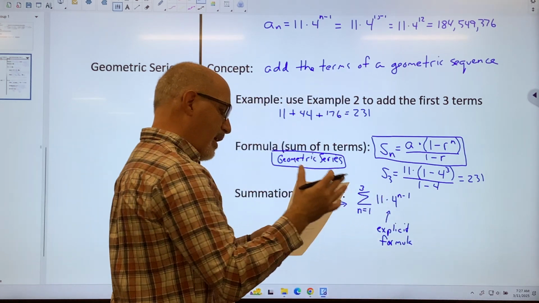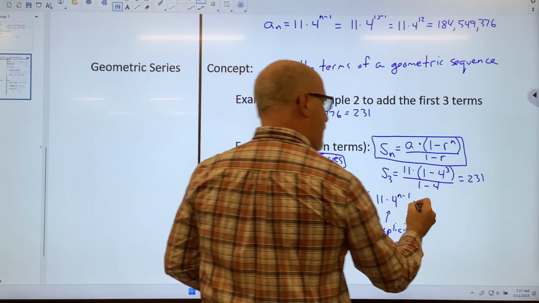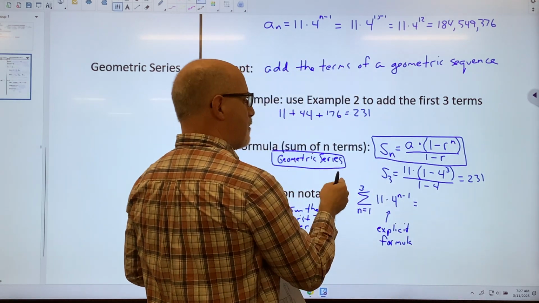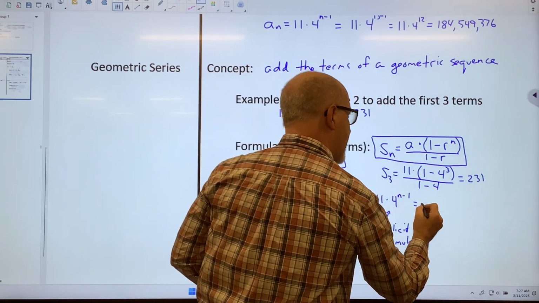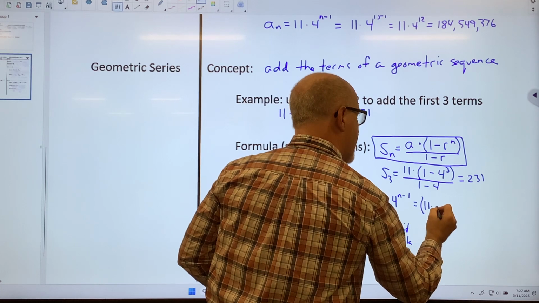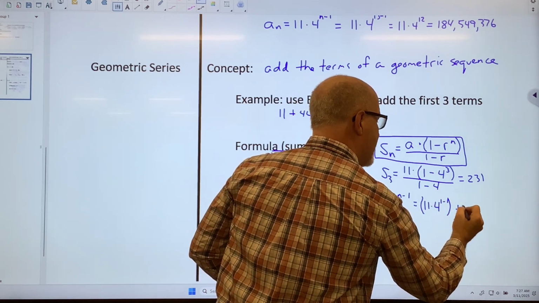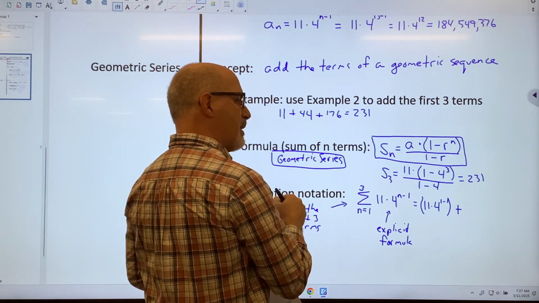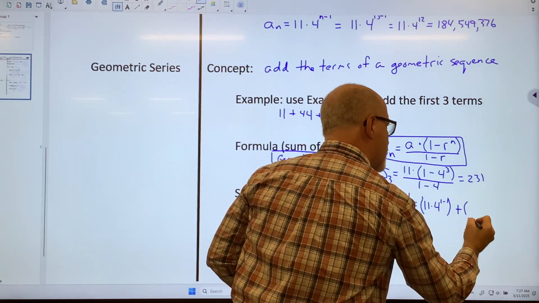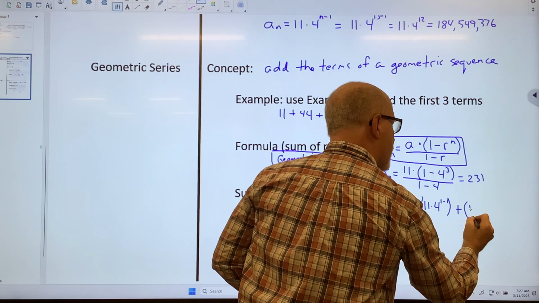And that gives me a new notation. So if you think about it, what this says is, let's put in 1 into this. So you're going to have 11 times 4 to the 1 minus 1 power, added to, so this sum means add them together, let's put in 2, count your way up to 3.